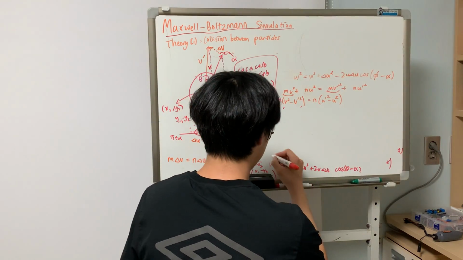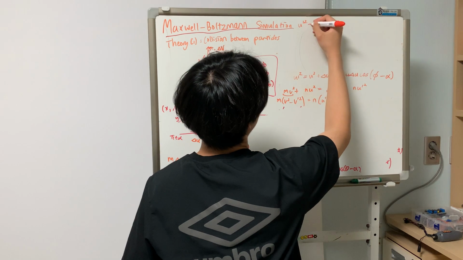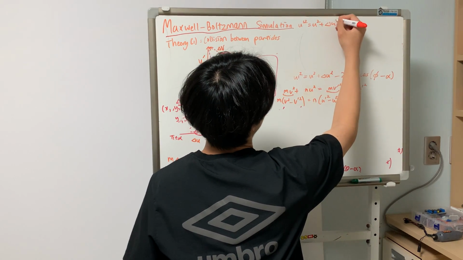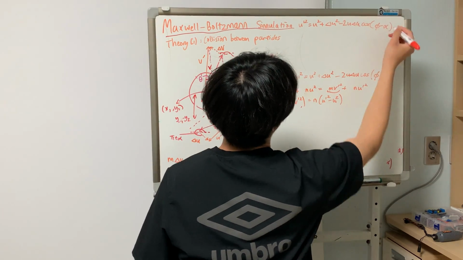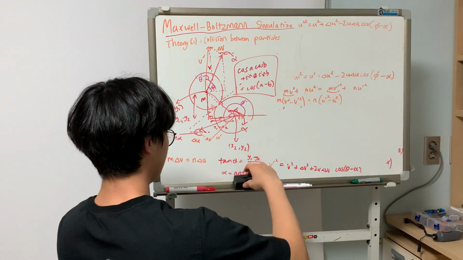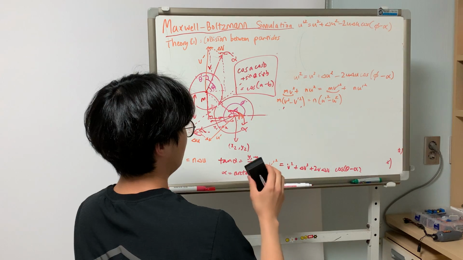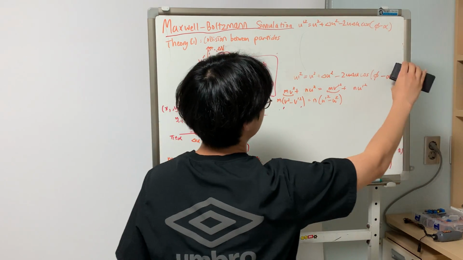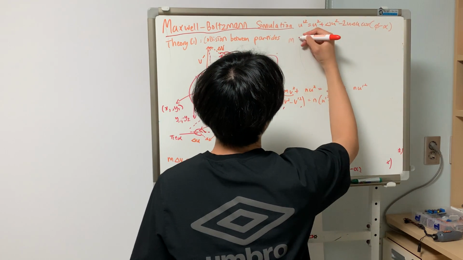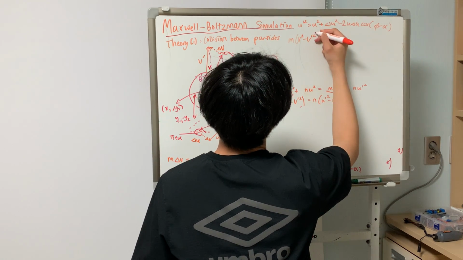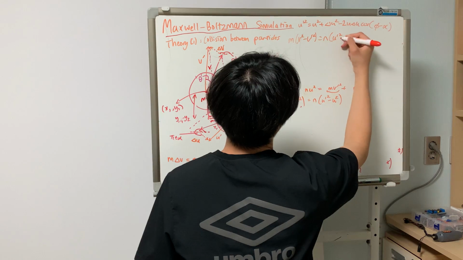Let's write that here for more space. So what we had is m of v squared minus v prime squared is equal to n of u prime squared minus u squared.